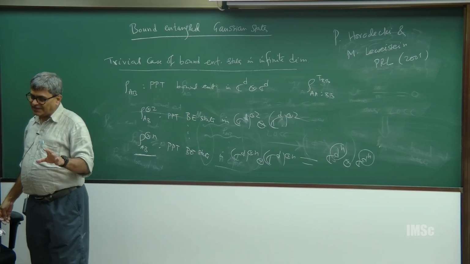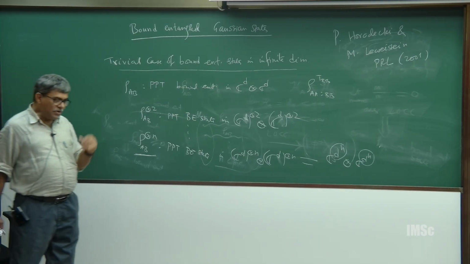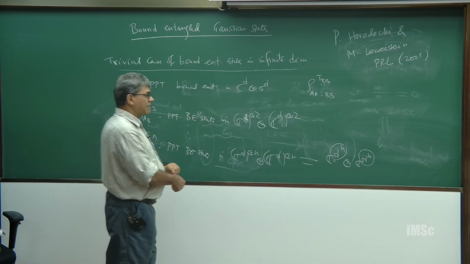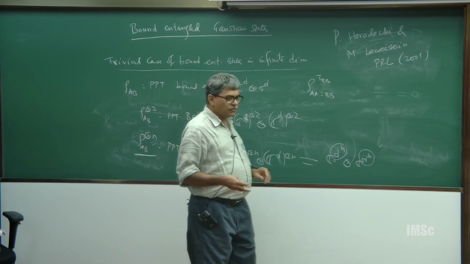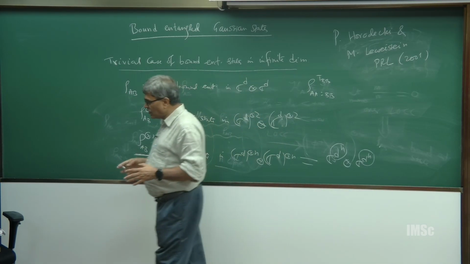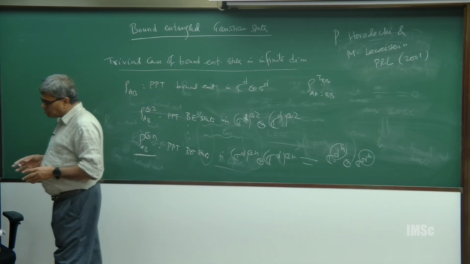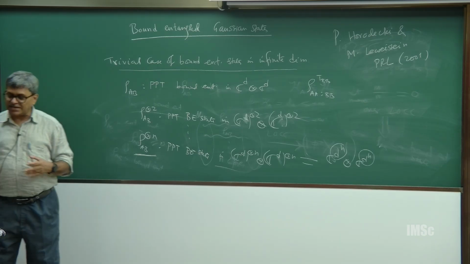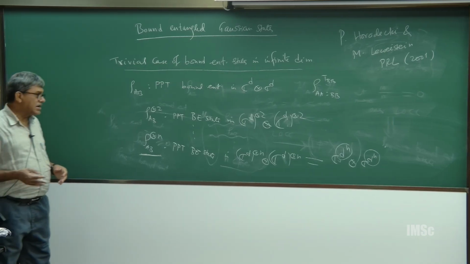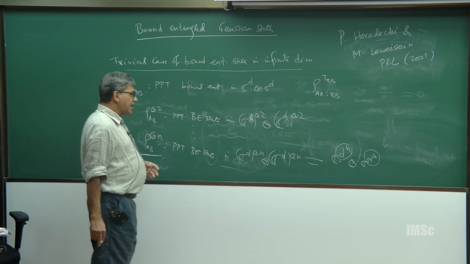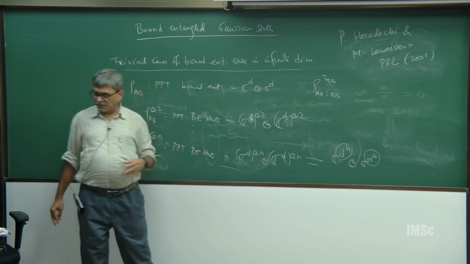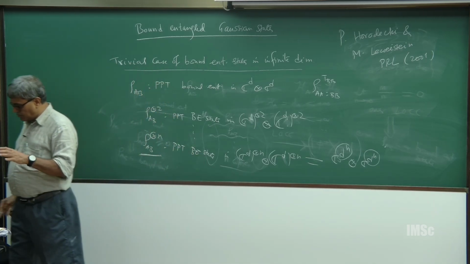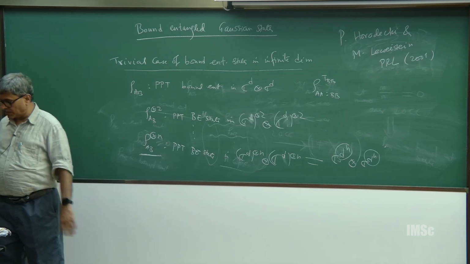So, bound entangled states are similar to bound energy in thermodynamic setup. It is not useless, it is useful, but on top of that we should characterize which entangled states are bound entangled and which are distillable, in order to figure out what sort of states we are going to use.